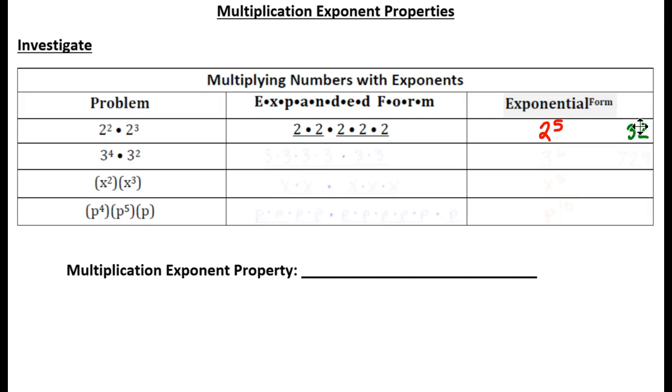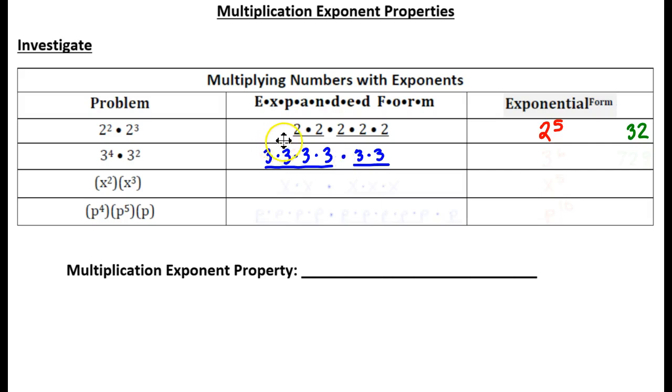In the next problem, we have 3 to the fourth power. So that would be 3 multiplied by itself 4 times, which looks like this. 3 times 3 times 3 times 3, multiplied with 3 multiplied by itself 2 times, which is 3 times 3. So we're multiplying these two sets together.